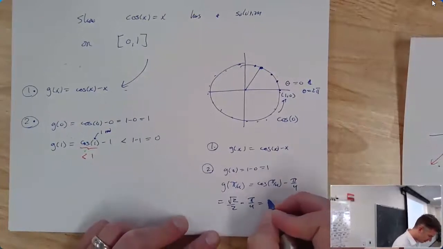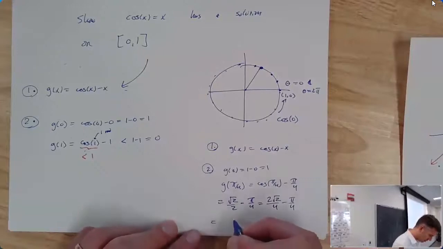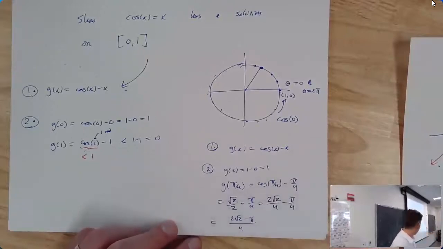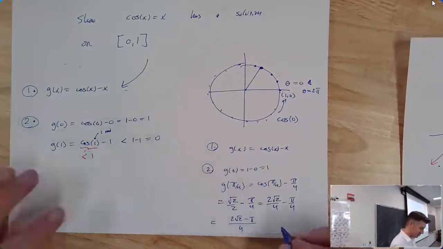That's going to be 2 root 2 over 4 minus pi over 4, which is 2 root 2 minus pi all over 4. And now we need to know approximately, okay, root 2 is about 1.4, 2 times root 2 is about 2.8, and 2.8 minus pi is definitely negative, so we're good to go.